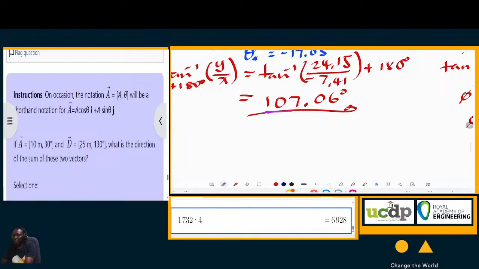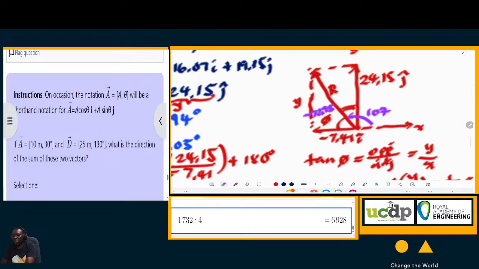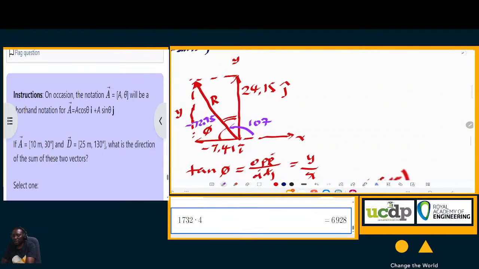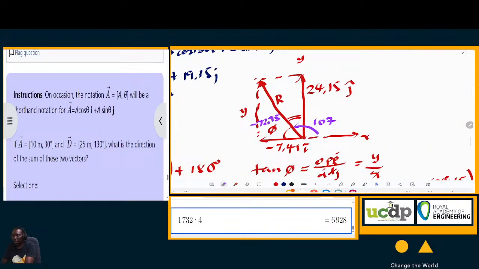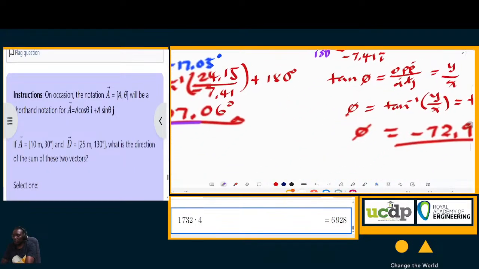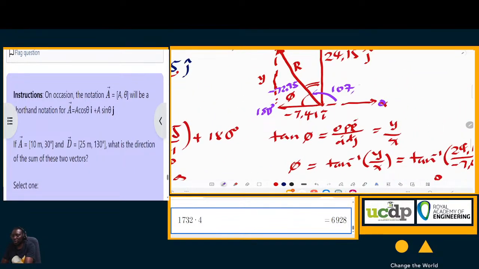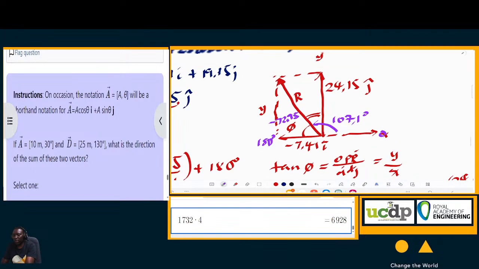So it is actually a result of subtracting this 72.95 from 180, because the 180 is there and the 0 is here. Then we find that this angle is actually 107.06 or 107.1 degrees. That's how we get that. Otherwise, if you do your turn based on this, you just get that angle and add it to 90 and still come back to that solution.